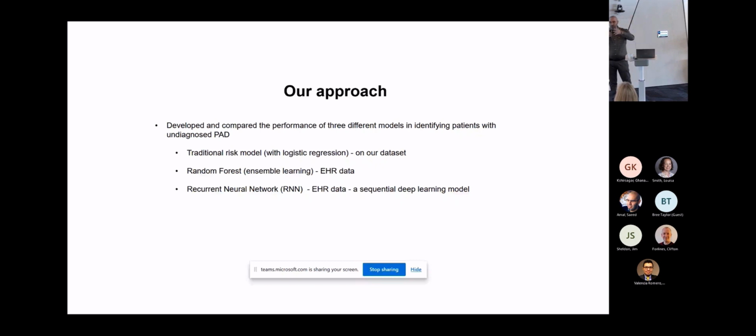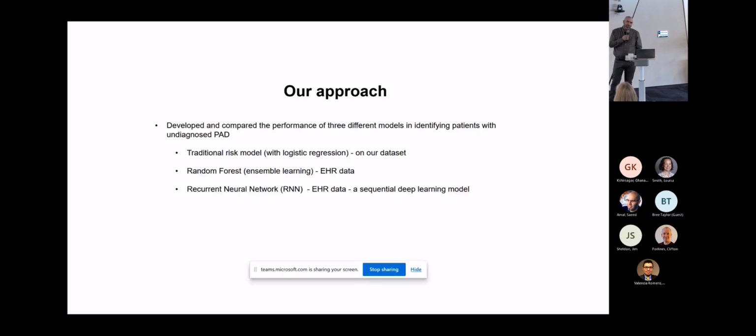We ran all 3 models on our same dataset so we can compare them. We used random forest, which is ensemble learning, which uses different learning models and then builds the score out of these models. So in this case, it's random forest, so it has multiple decision trees.